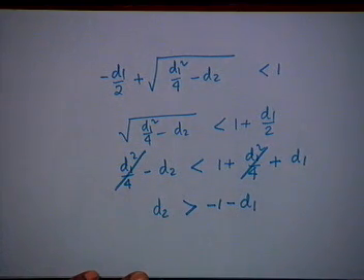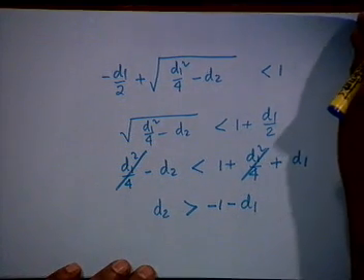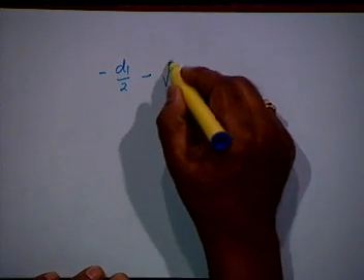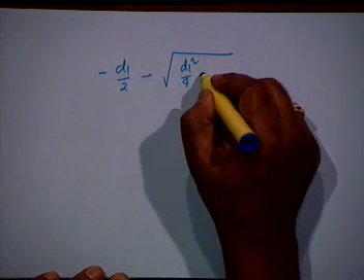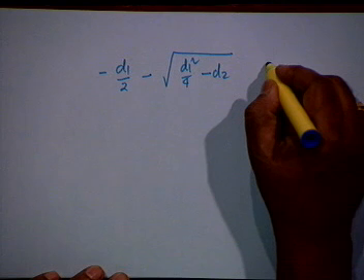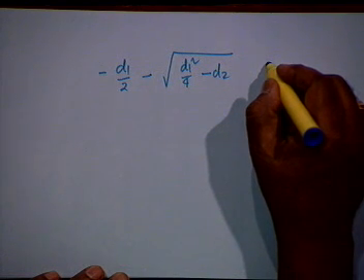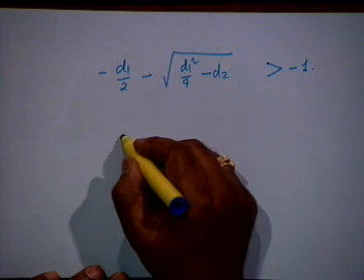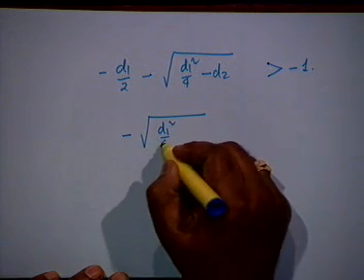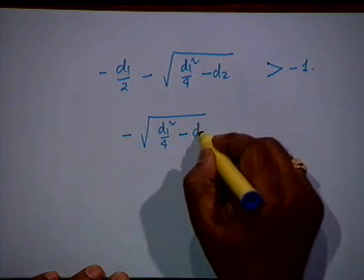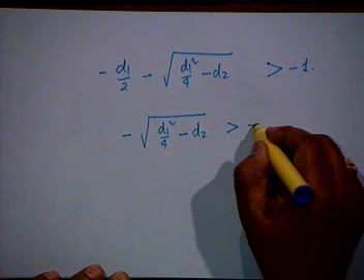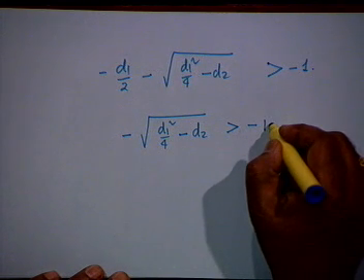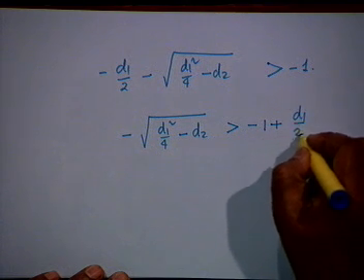In a similar manner, if I take the other one, that is, let us do that, minus d1 by 2 minus square root of d1 square by 4 minus d2 should be greater than or less than? Greater than minus 1. Therefore, minus square root of d1 square by 4 minus d2 should be greater than minus 1 plus d1 by 2.